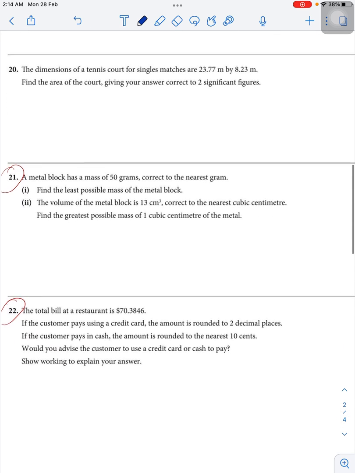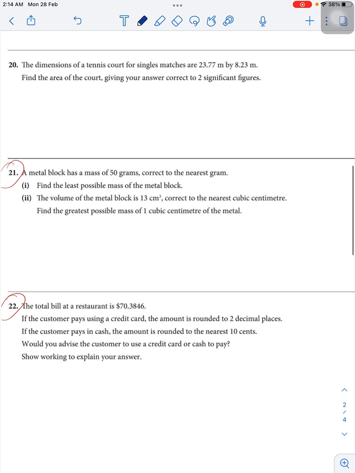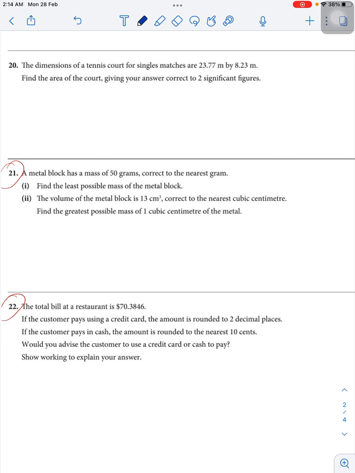Okay, we are still under the 3A worksheet. Question number 21. A metal block has a mass of 50 grams, correct to the nearest gram. You're supposed to find the least possible mass, as low as possible, but when it's rounded to the nearest gram, it should give you 50. So it should be less than 50, right?